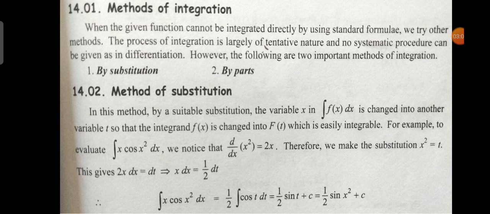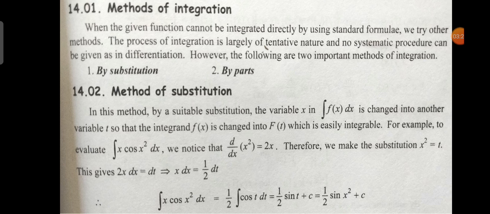Replacing x dx by 1 by 2 dt, you get cos t times 1 by 2 dt. Here 1 by 2 is a constant, so it is 1 by 2 into the integral of cos t dt. So the integration becomes very easy.